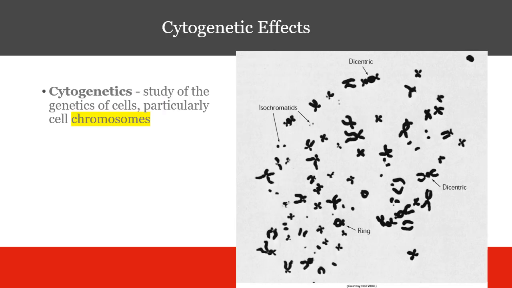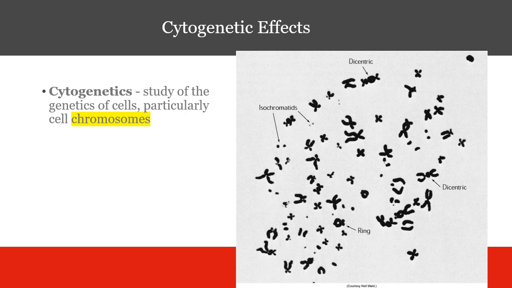Cytogenetic effects are the study of the genetics of cells, specifically cell chromosomes. With early effects, we can look under a microscope at a person's chromosomes, and we can see the visible derangements of the chromosomes themselves. If you look in this picture, we can see where they've lost part of an end of their chromosome. In this case, they lost the end of this chromosome, and here's a little chromosome that's stuck out there.